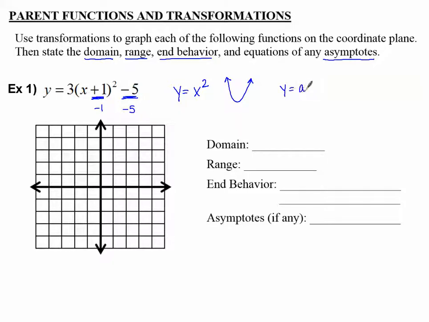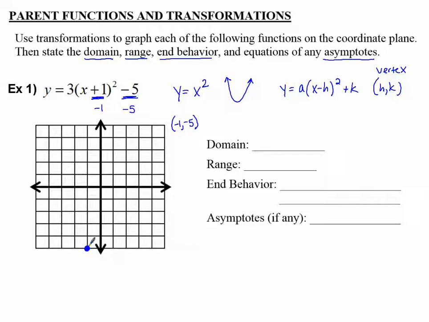Remember the hk form, the vertex form of the parabola, where (h, k) is the vertex of the parabola and a is the multiplier. So I know that my new vertex is at negative 1, negative 5. Left 1 and down 1, 2, 3, 4, 5 is where the vertex of the parabola is.